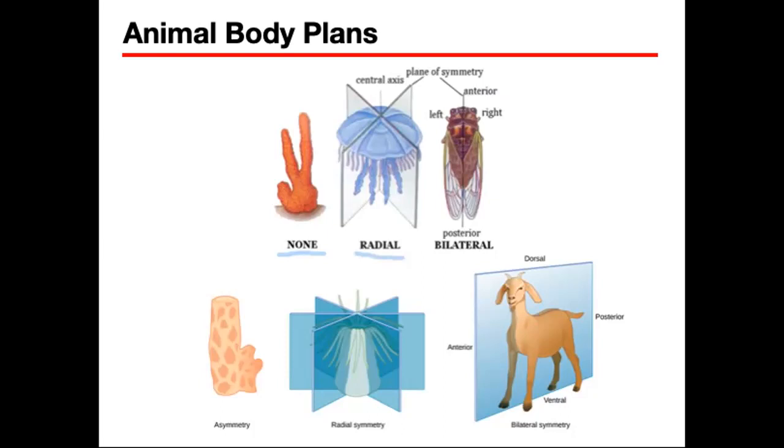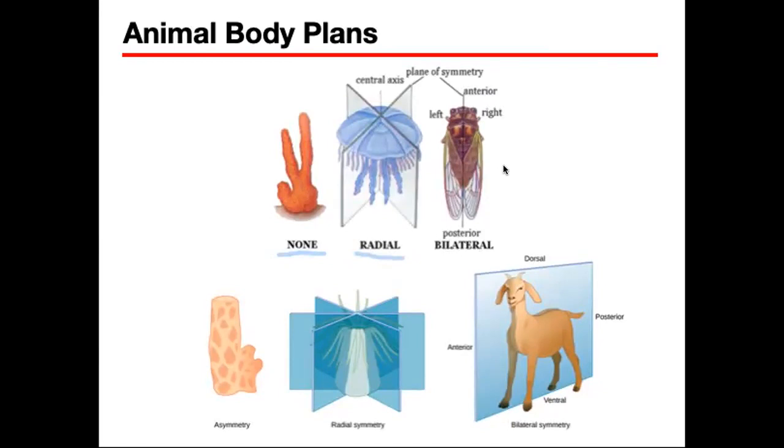You have our cnidarians, for example, jellyfish, sea anemones, which I mentioned earlier, no? And these creatures are usually static or freely floating, or if they move, they're usually going together with the water current. Okay? Bilateral symmetry, on the other hand, involves the partition of an animal across a sagittal plane.